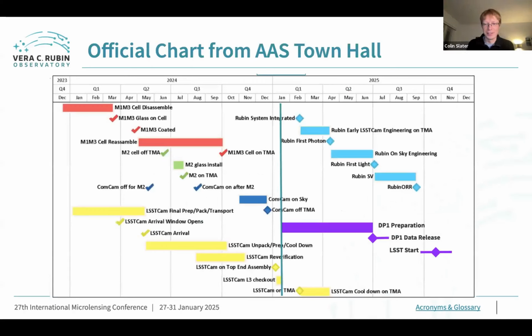This is just the detailed Gantt chart, if anyone wants to refer to it in the slides when they're online. Most of these are not important at this point, and I think I've highlighted the key ones that are relevant, but this is just for reference.